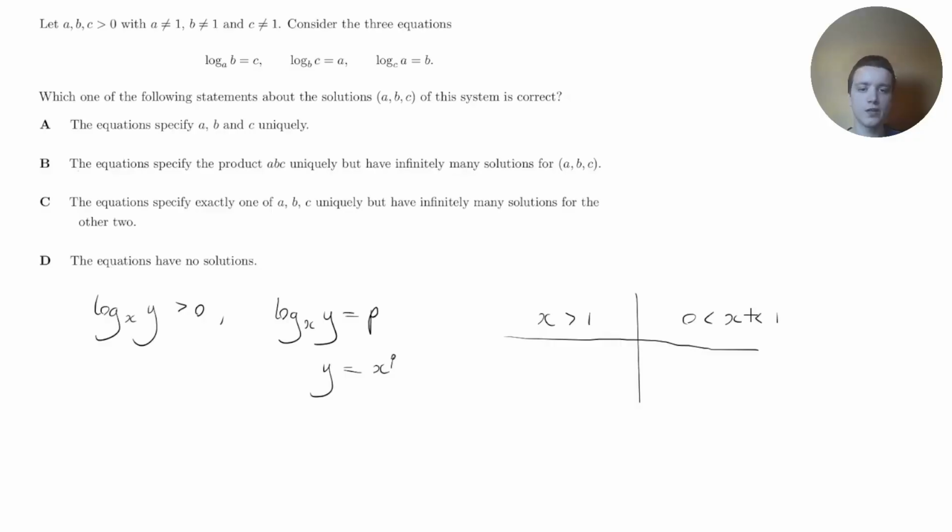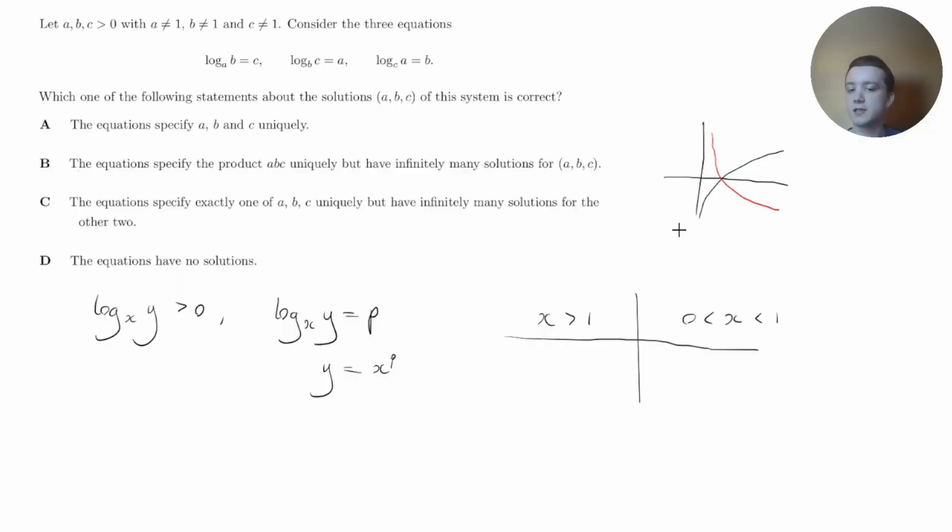As for why these are the relevant cases, the log functions will behave significantly differently depending on whether the base is bigger than 1 or less than 1. So if the base is bigger than 1, a log graph will look something like this. But if the base is less than 1, our log graph will look more like this. We have a very different behavior.